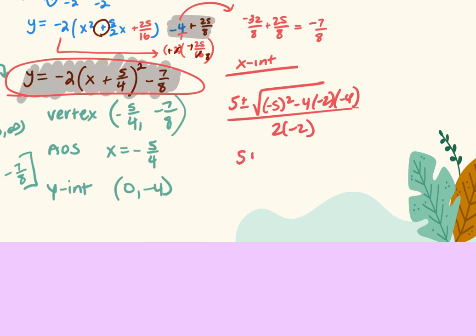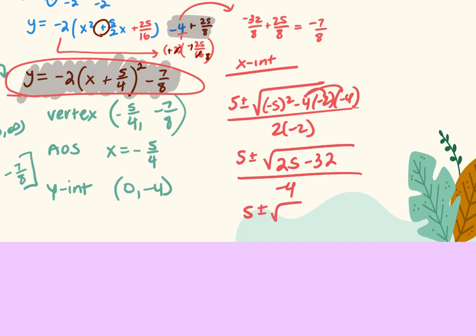And I get 5 plus and minus the square root of 25. This would be a +8. Well, here, let's do 16, +16 times -2, -32 over -4. And there's going to be a negative underneath my square root, which means there are no x-intercepts.